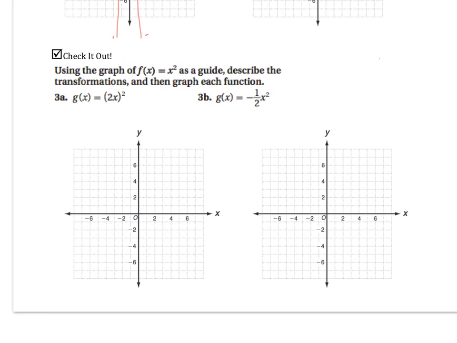Okay, so try to check it out. Think about if it's inside parentheses, outside parentheses, and if it then would be upside down by a reflection, or if it's being stretched out. So if you got stuck, again, let's do this parent function.